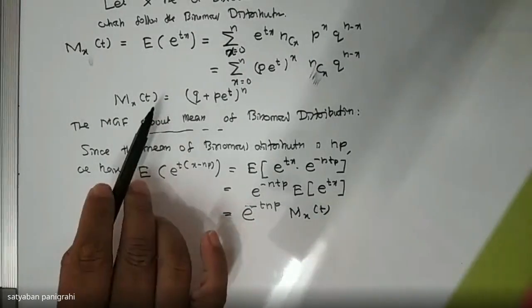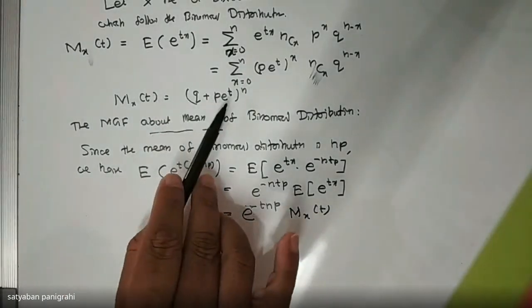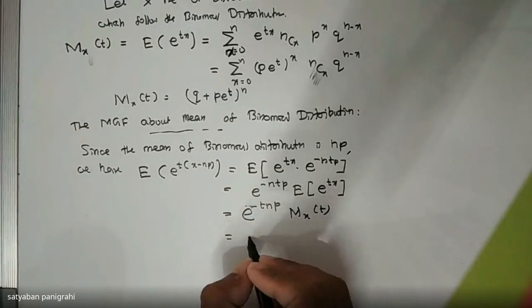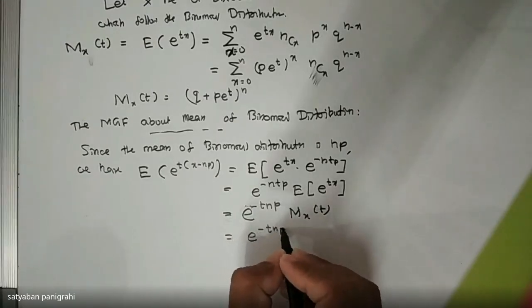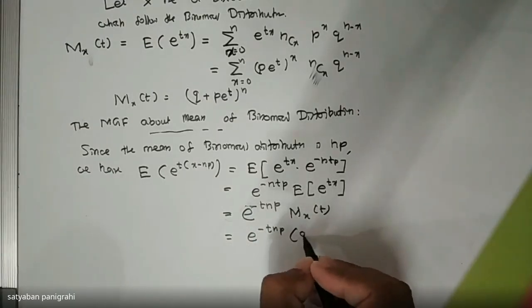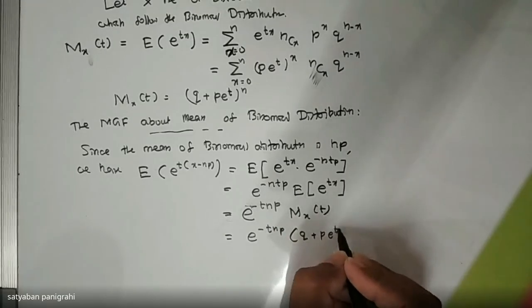Now, as you have computed M_X(t) as (q plus p e to the power t) to the power n, just substitute here e to the power minus tp multiplied with (q plus p e to the power t) to the power n.